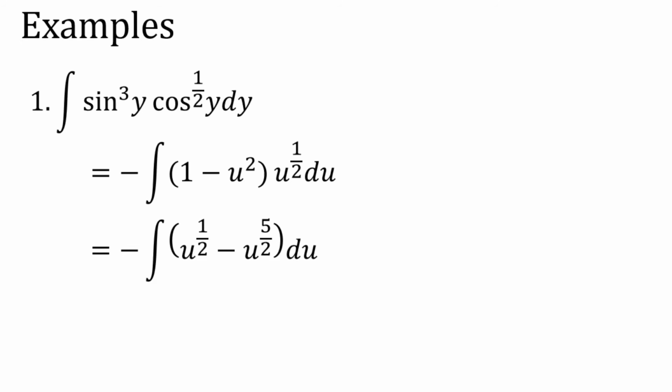Let us distribute u to the 1/2. Let us multiply u to the 1/2 to 1 and negative u squared. That's why we're going to have negative the integral of u to the 1/2 minus u to the 5/2 du.